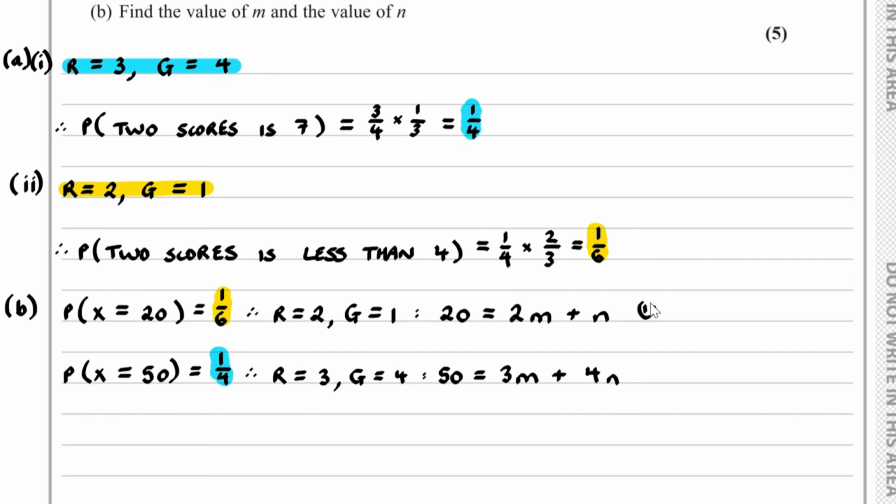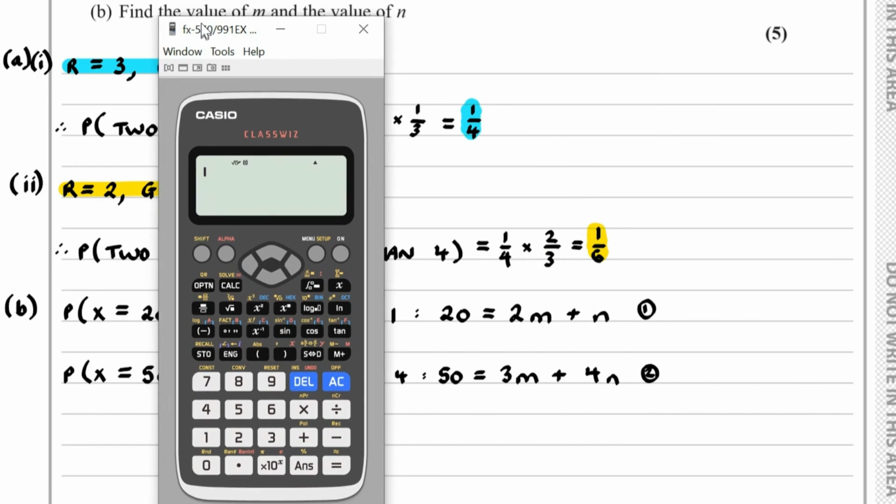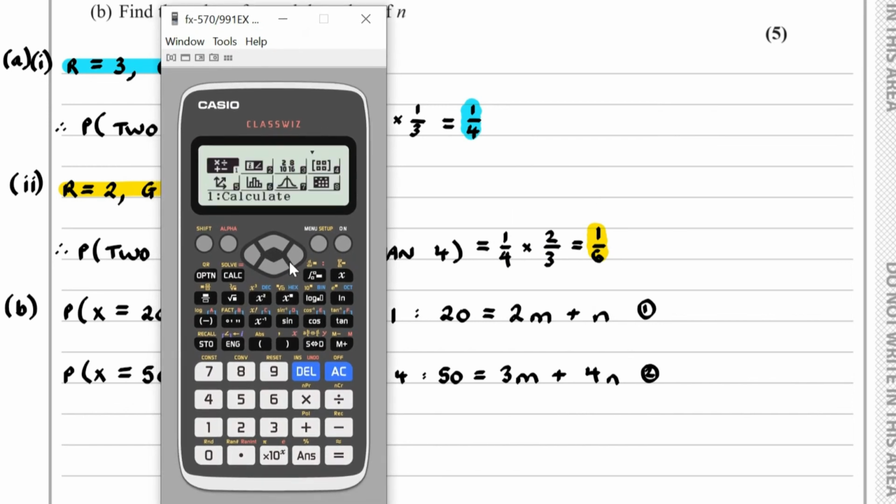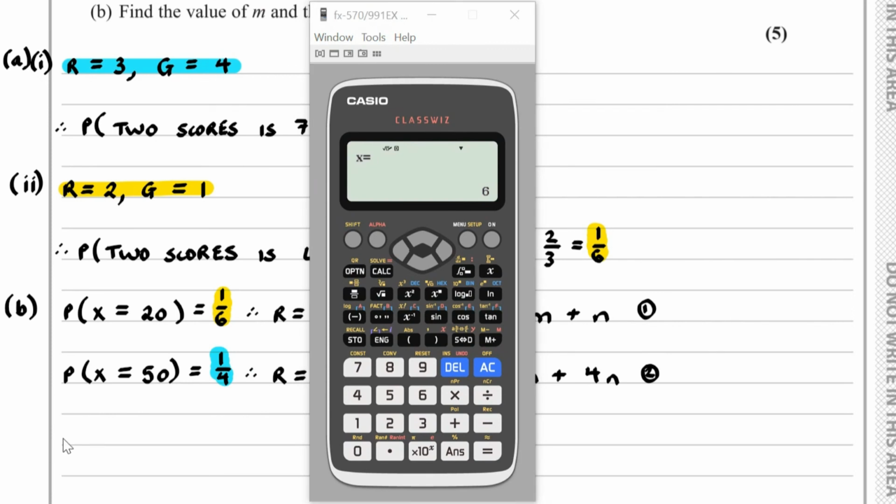Now, if I call this equation 1 and this equation 2, what we can do is solve those equations simultaneously. So, we've got 2m plus 1n equals 20, 3m plus 4n equals 50. We see that m is 6, n is equal to 8, and that's what we needed to find out.